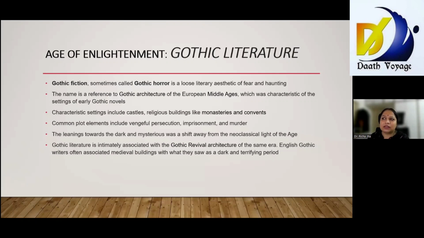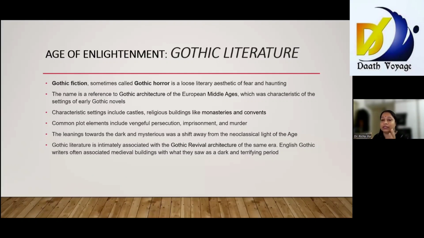The setting typically includes physical reminders of the past, especially through ruined buildings, which stand as proof of a previously thriving world, which is decaying in the present. Especially in the 18th and 19th centuries, characteristic settings include castles, religious buildings like monasteries, convents, etc. The atmosphere is typically claustrophobic because the people are stuck in that place.